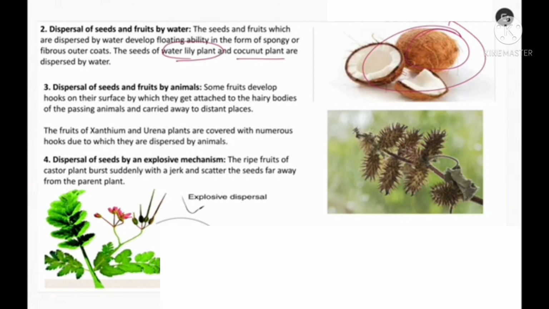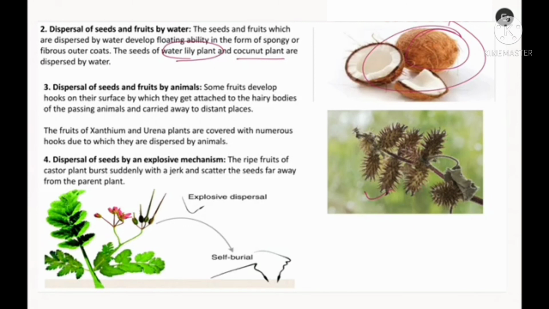Some fruits develop hooks on their surface by which they get attached to the hairy bodies of passing animals and are carried away to distant places. The fruits of xanthium and urena plants are covered with numerous hooks, due to which they are dispersed by animals.